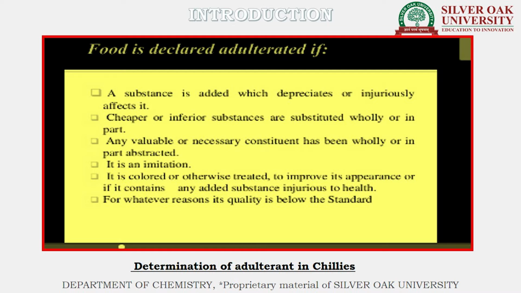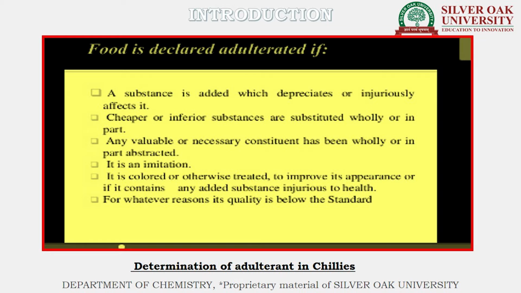Point number 1, when you add some injurious substance to the food, it is called adulterated food. Second point, when cheaper or inferior substances are substituted, the food is declared as adulterated.